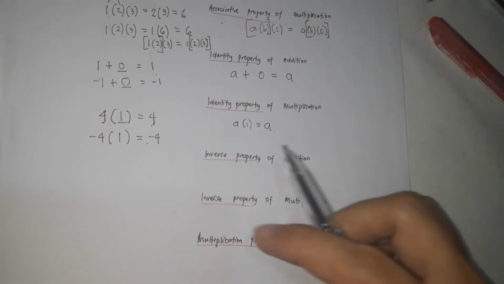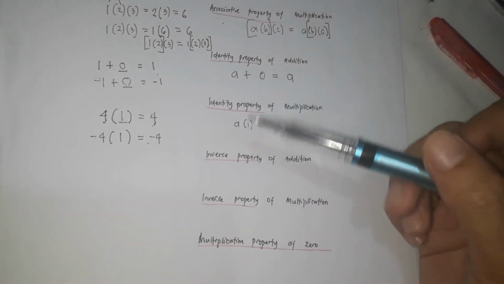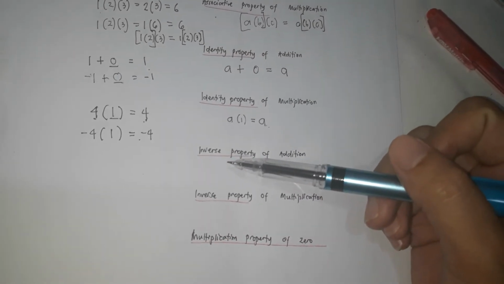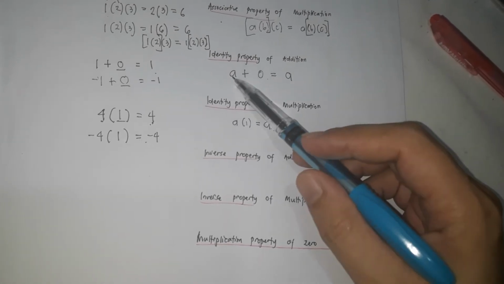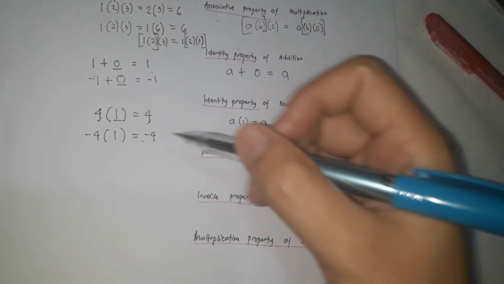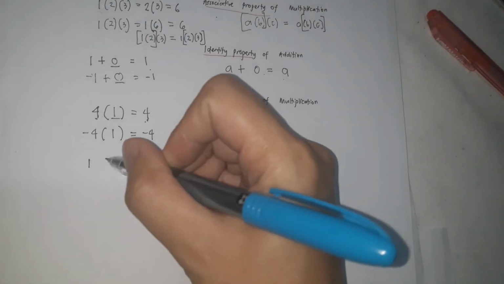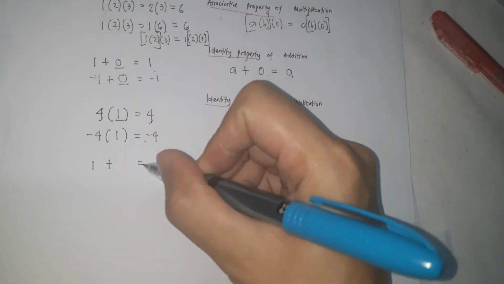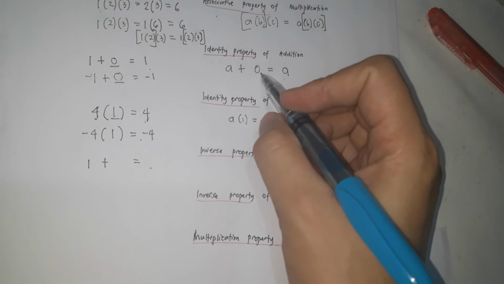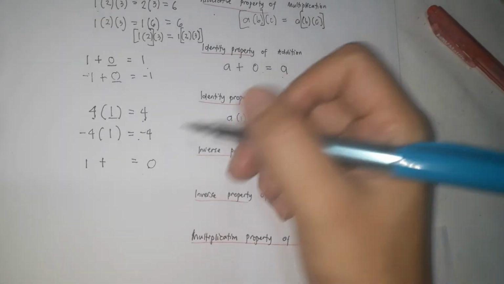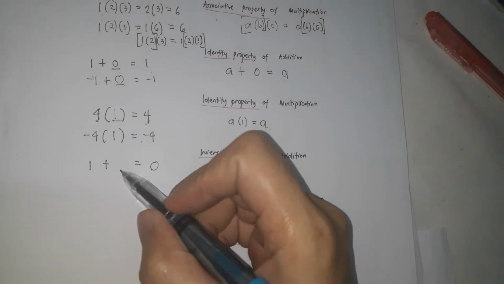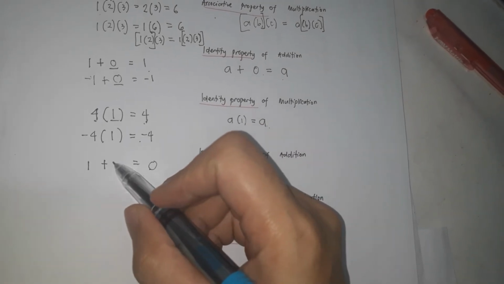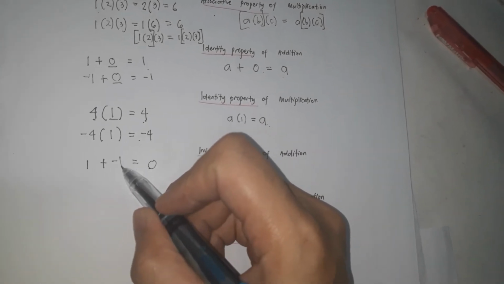Next, the inverse. Identity is the opposite of inverse. So what number are we going to add so that we're going to have the number 0? That's the inverse property. It's negative 1. Very good.